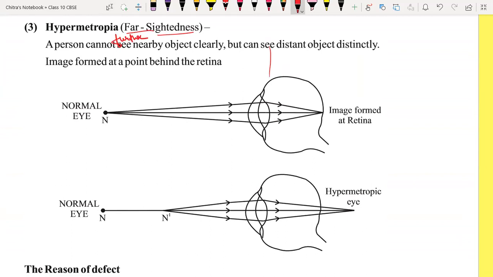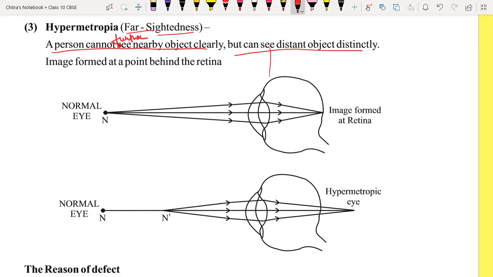That means in this defect, a person cannot see the nearby object clearly, but can see the distant object distinctly. Further sightedness means we can see the distant object clearly but not the nearby object. This defect is called hypermetropia, farsightedness or further sightedness.